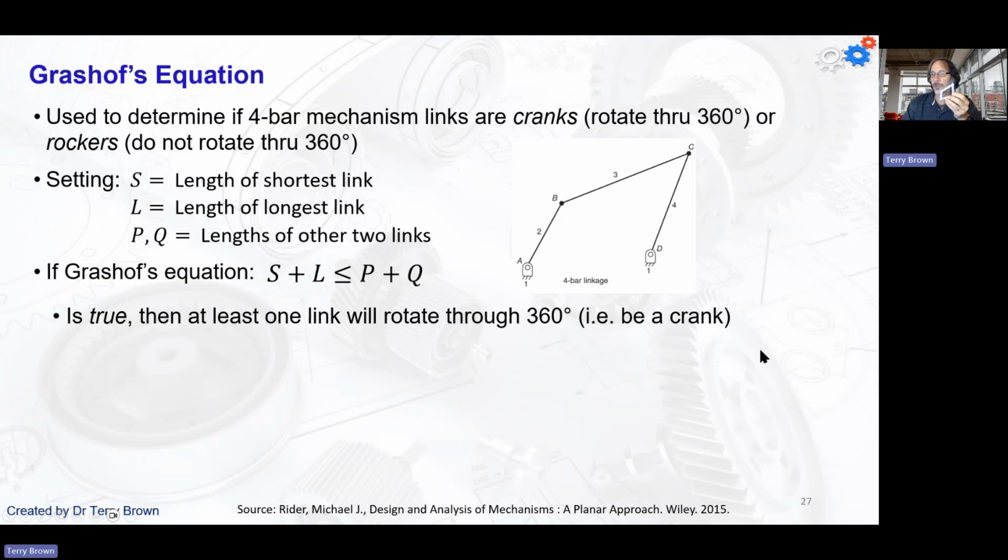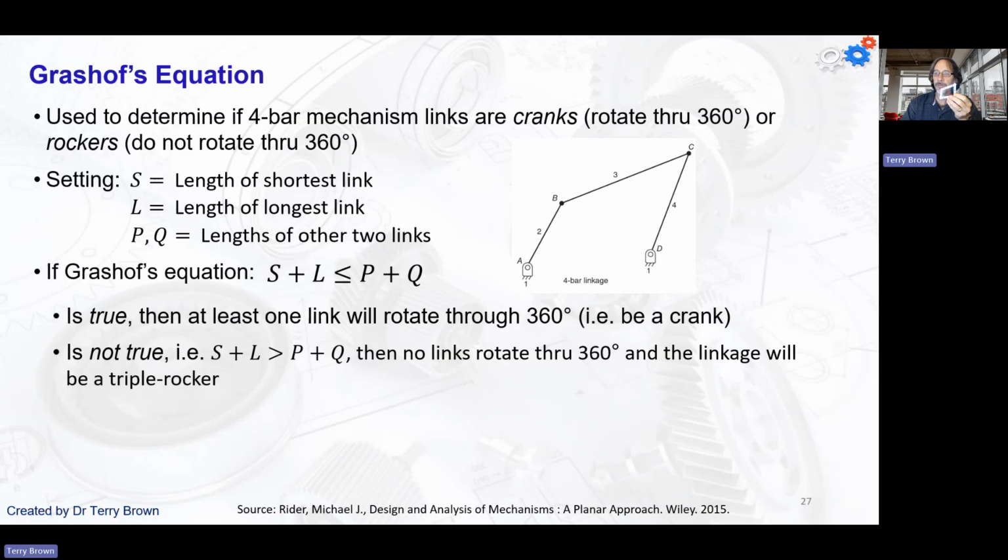So if this is true, then you know that at least one link can be a crank. If it's not true, then no links can rotate through 360 degrees and the linkage will be a triple rocker, right? So all links will just rock.